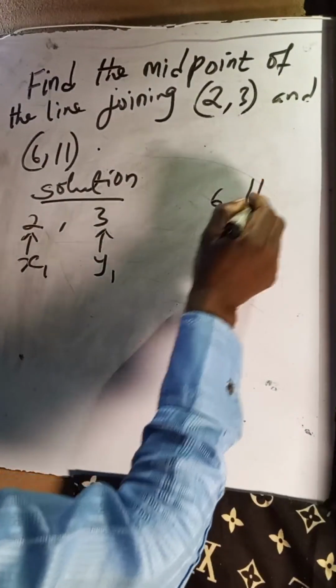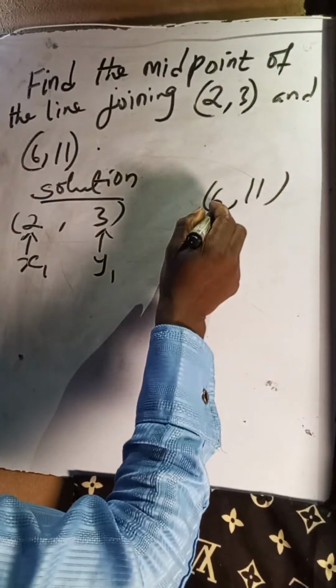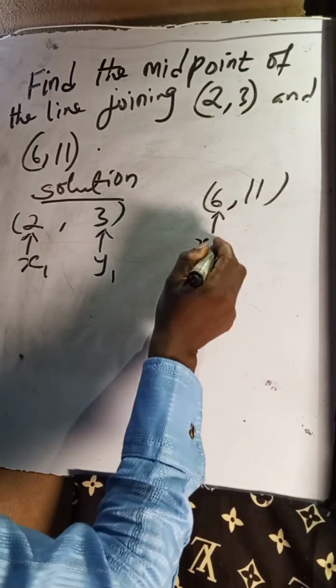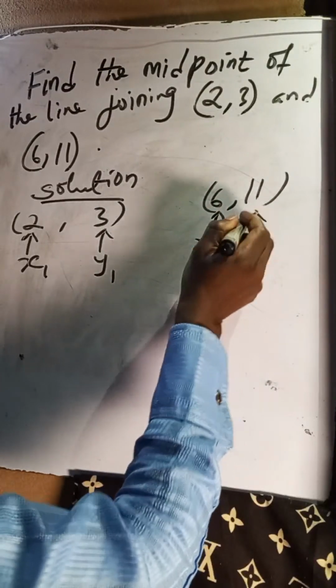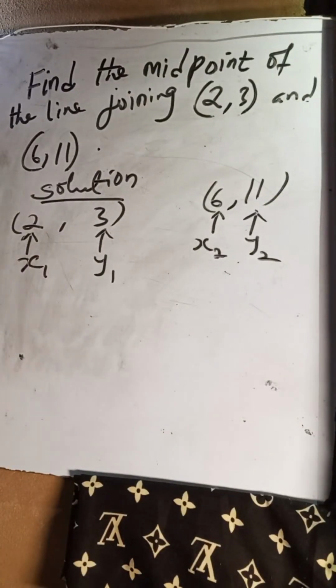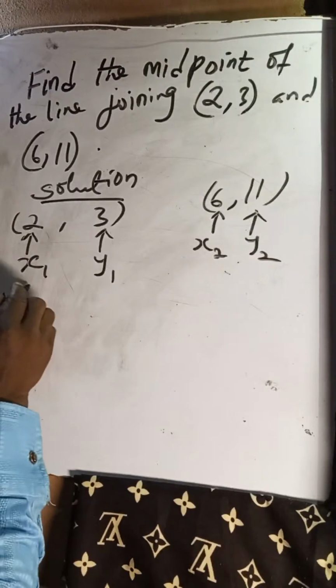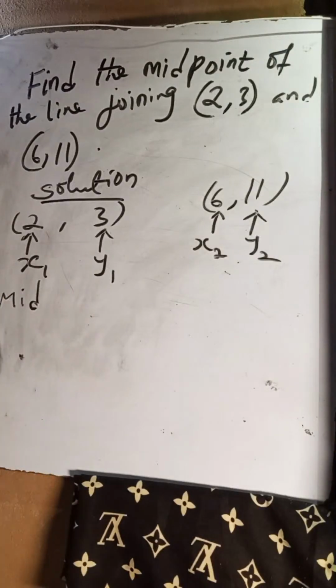So this is x2, and this is y2. So the midpoint of the line will be, we are going to take the middle of the point. That's the meaning of midpoint. Please don't forget that. Very important.